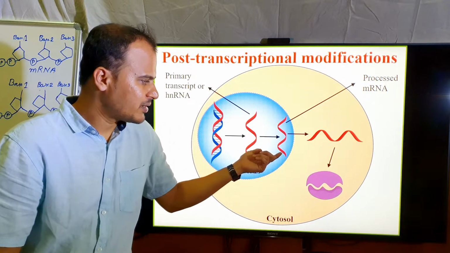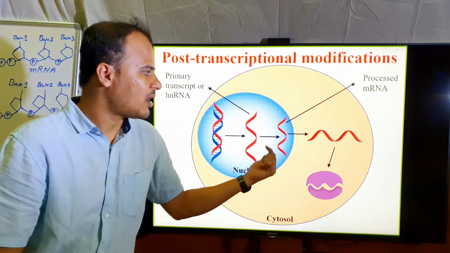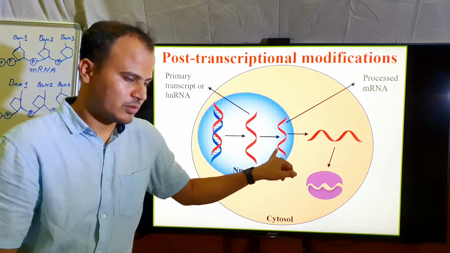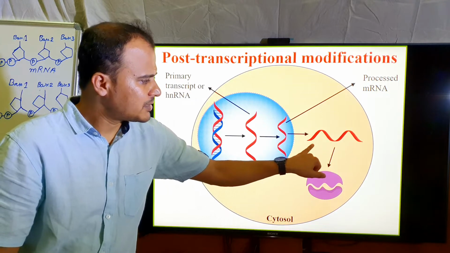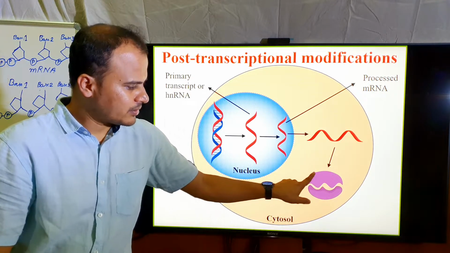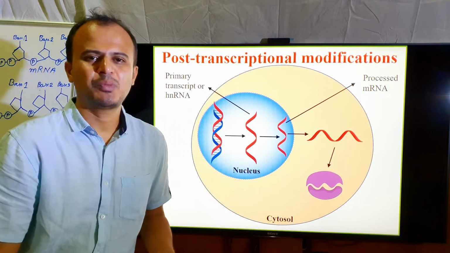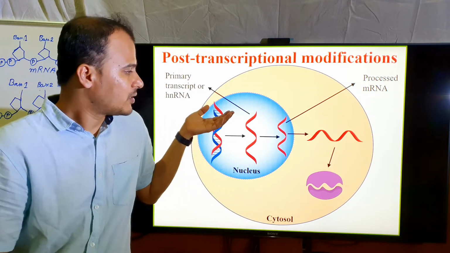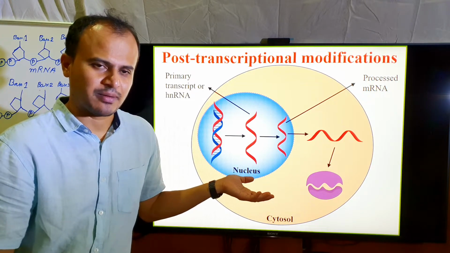After processing, the precise RNA is sent out of the nucleus, that is into the cytosol, where this is recognized by the ribosomes and it is translated to form the proteins. This is how the RNA is transported across the nuclear membrane.